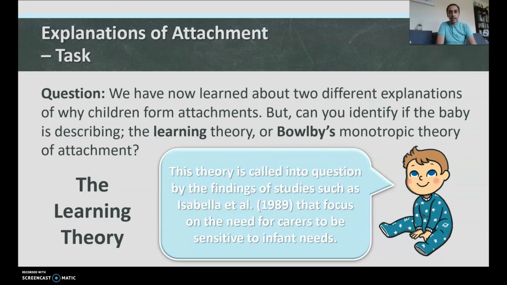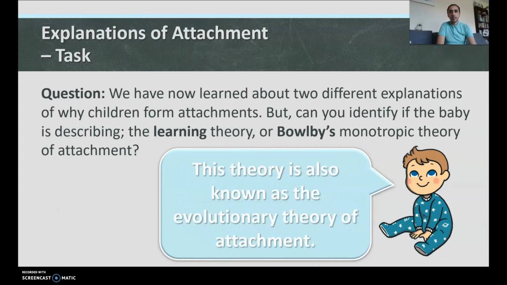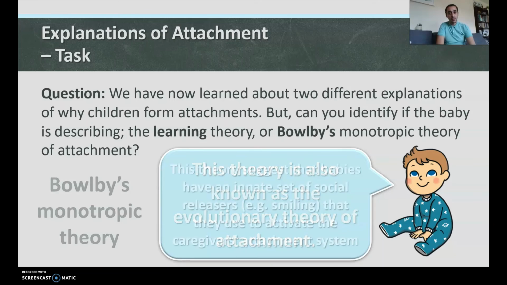That's the learning theory. This theory suggests that babies attach to the primary caregiver as they enjoy the experience of being close to them. Generally, if we experience something as a positive experience, then we seek to repeat it. That is the learning theory as well. This theory is also known as the evolutionary theory of attachment. Not the learning theory, that's Bowlby's monotropic theory.